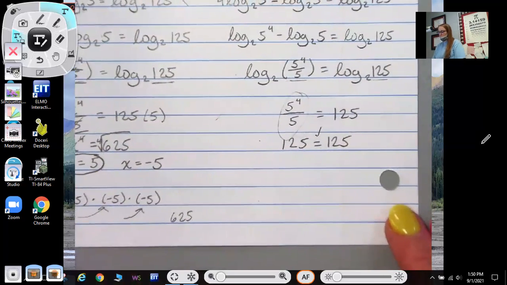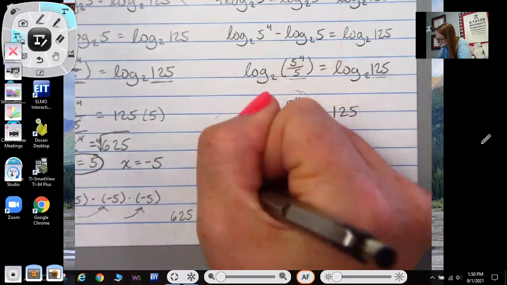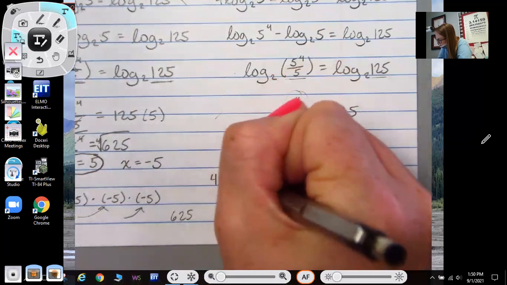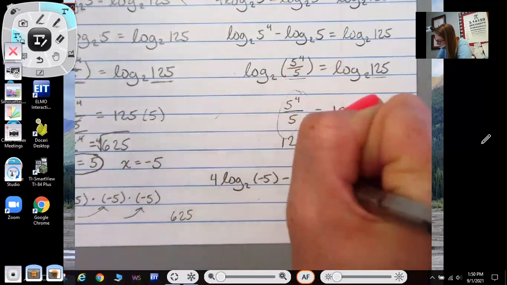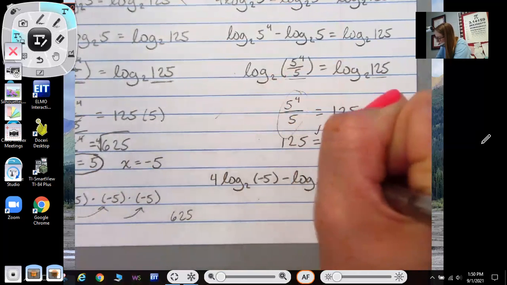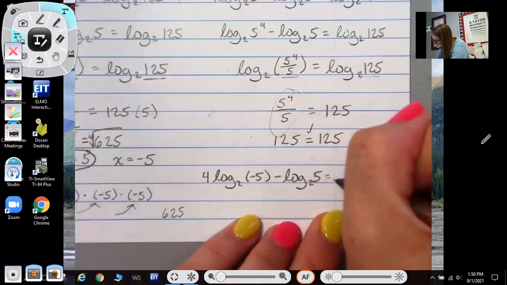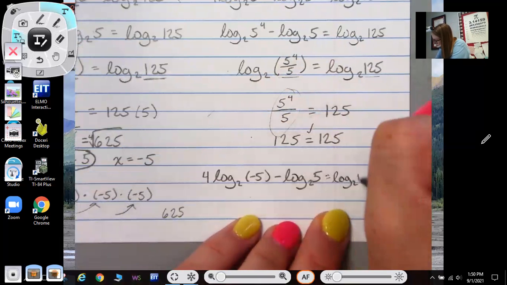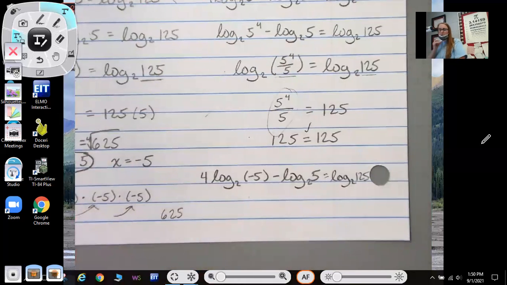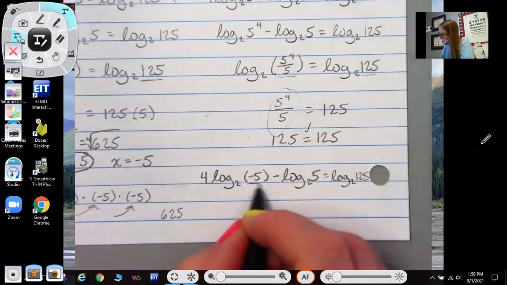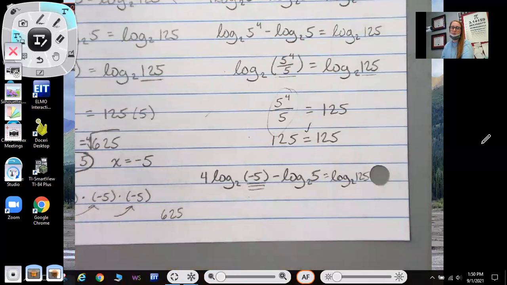Okay, let's check x equals -5. In our first line, we end up with a negative where we're not allowed to have a negative number inside of a logarithm. So we stop right here. X equals -5 does not work.